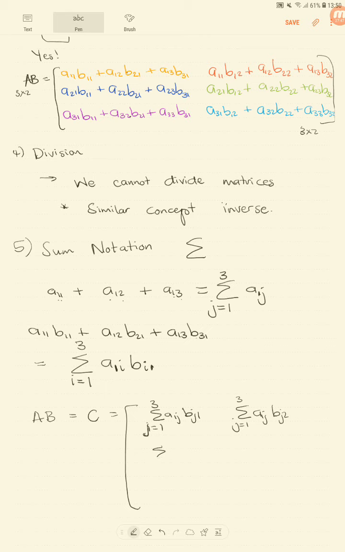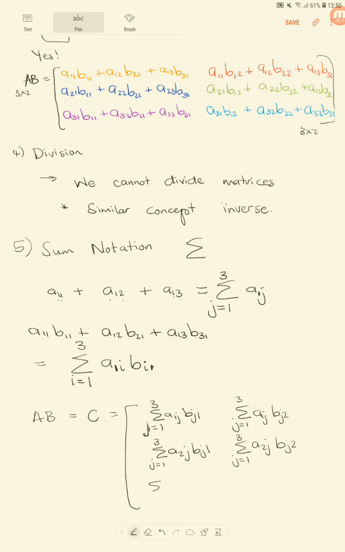Second row would be the sum of j equal to 1 up to 3 of A2j Bj1, and the second entry the sum of j equal to 1 up to 3 of A2j Bj2.